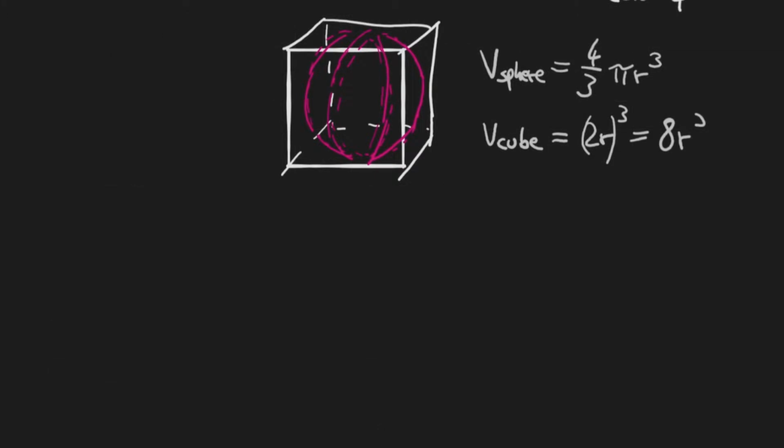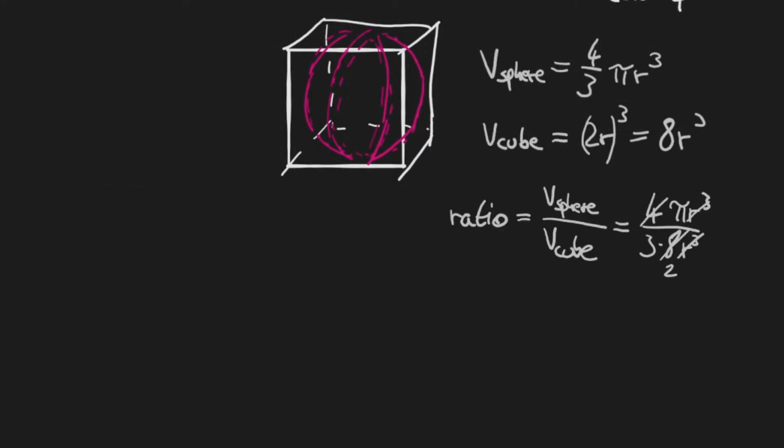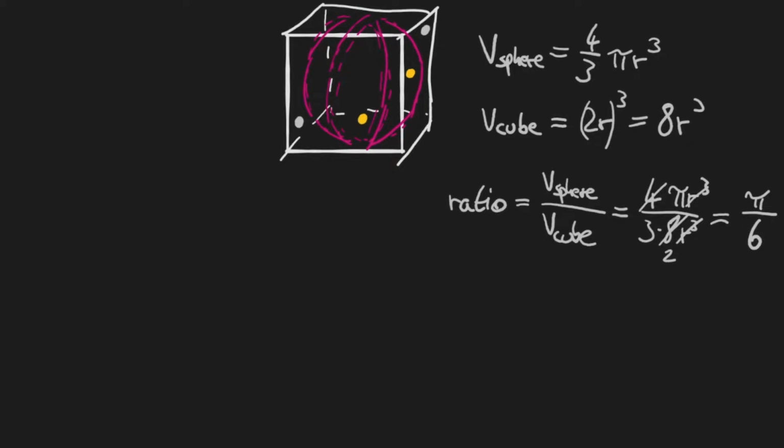So if we now calculate the ratio, we get pi over 6. We can now test if it works by taking some random points, and as you can see we have 4 points in total and 2 points in the sphere, times 6 is equal to 3. Which is again a fine approximation for pi.